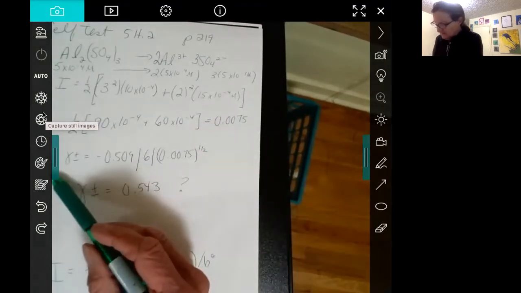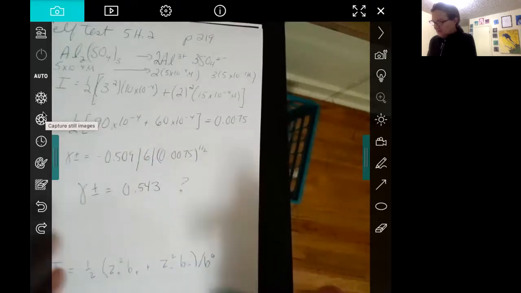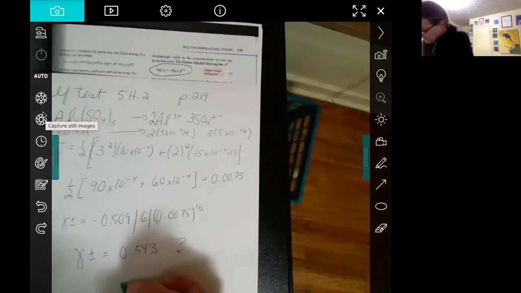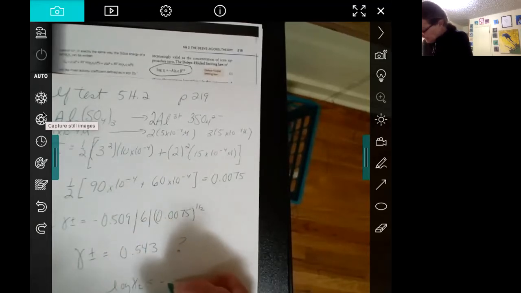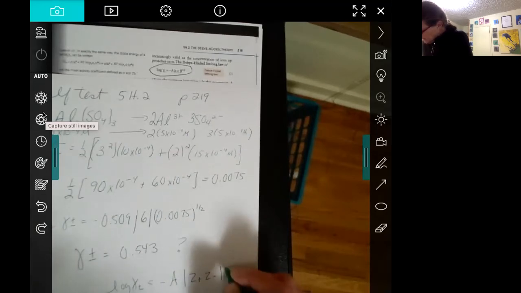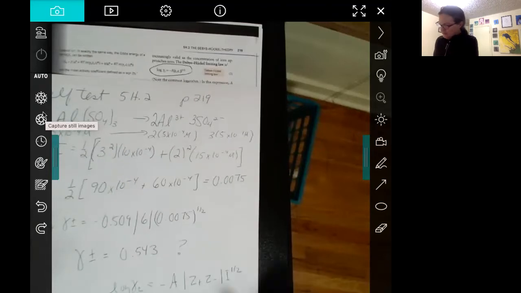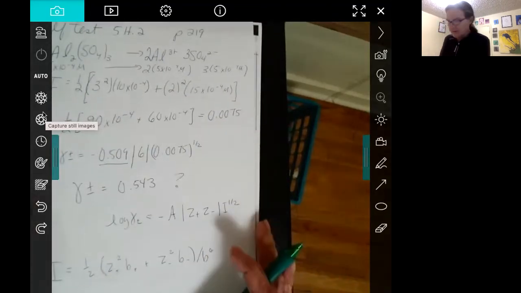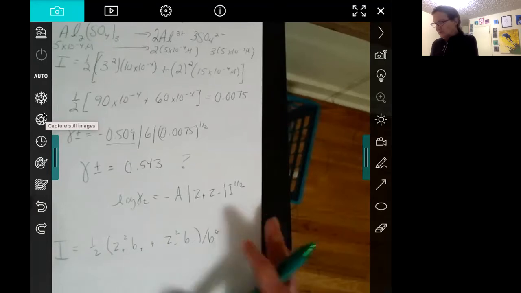So then the log of the mean activity coefficient is the equation right above that, which says the log of the mean activity coefficient is negative A, charge on the cation, charge on the anion, times the ionic strength to the 1/2. A is just a theoretical parameter, which we're not going to go through where it comes from.